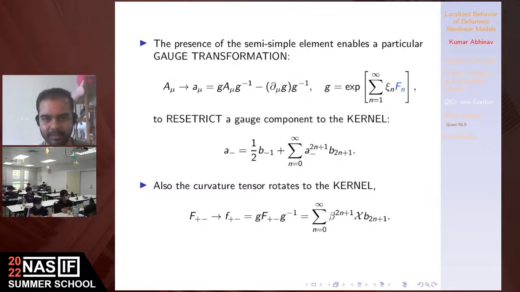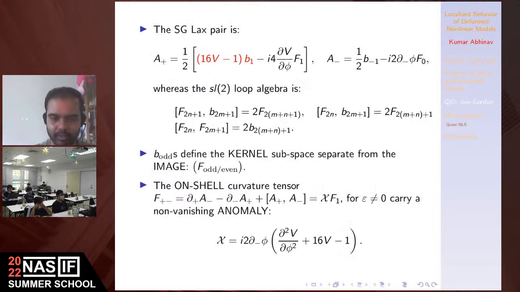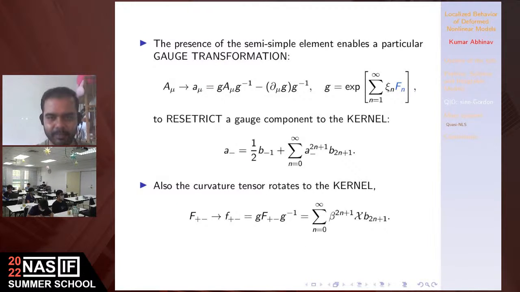There is no B in G. So F taking a commutator with B will create an F. That is the algebra. And F taking a commutator with F will create a B. So, let me reiterate: the FF commutator gives you B, and the F commutator with B gives you F. So there's a clear-cut separation. We'll use that property.